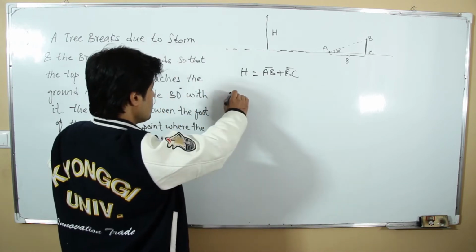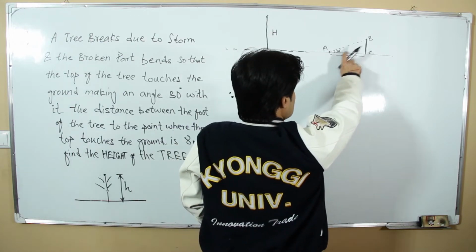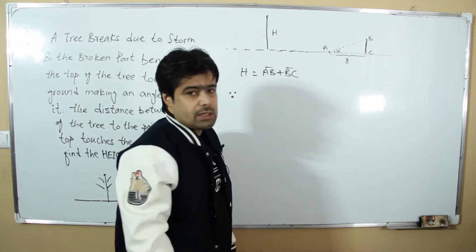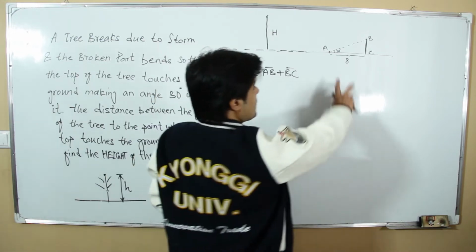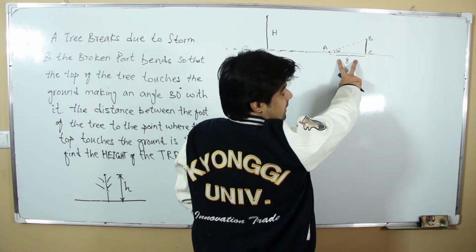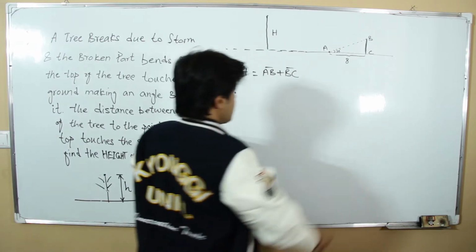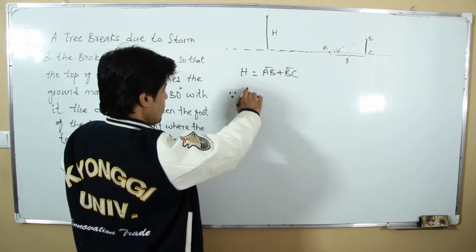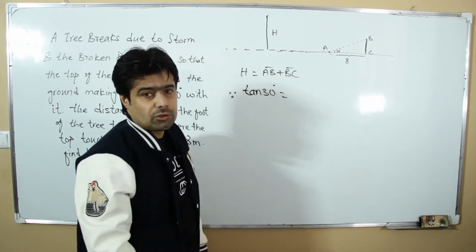So, what do you think? For 30 degrees, if you want to find BC, what does BC stand for? BC is our opposite. What does 8 stand for? It's our adjacent. The ratio between opposite and adjacent is tangent. So here we have to define tangent.